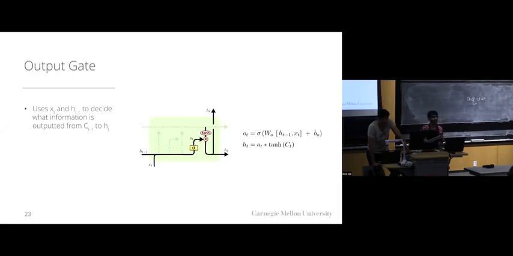So finally, you have an output gate, and this essentially tells you what you want to return from the cell state and output it through your hidden state.